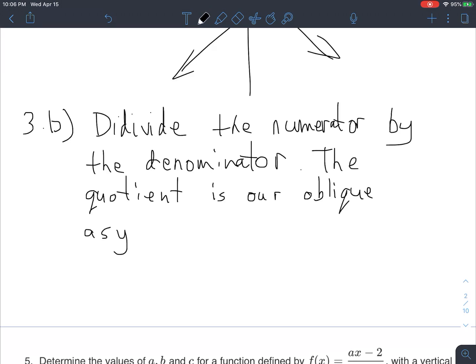Well, the quotient is your asymptote no matter what kind of rational function you have. But in this case it's going to be oblique because that's what the question is asking about.